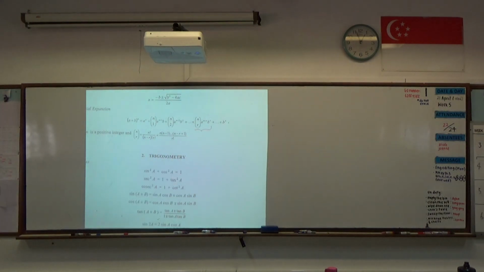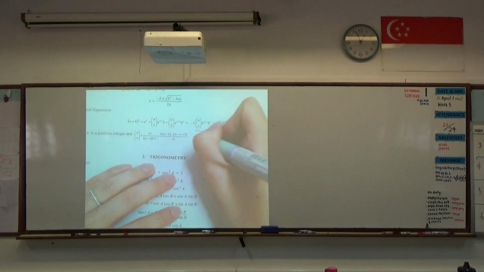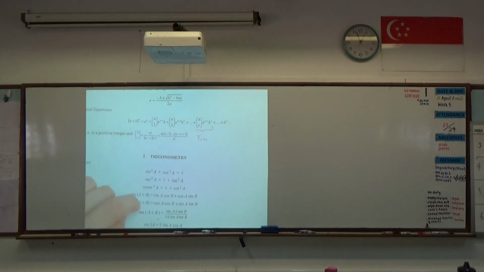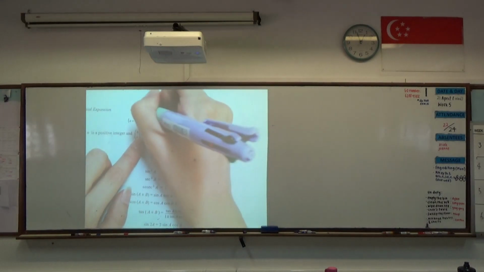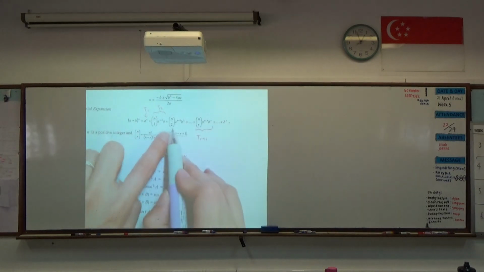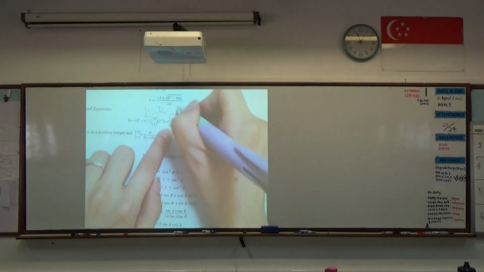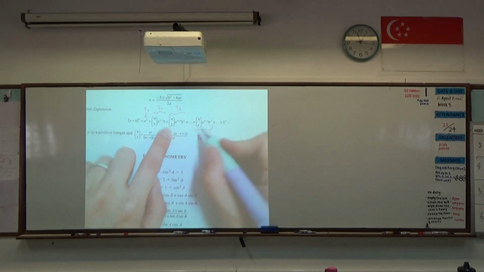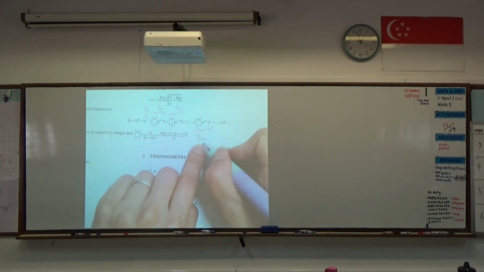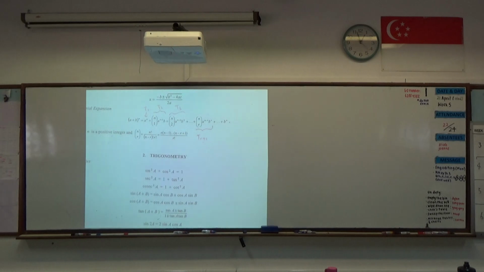Whereby this term itself is the T term r plus 1. Why? Because this is the first term, this is the second term, and notice the pattern: second term, this one is 1, third term, you get 2. So now it's r, therefore it must be the r plus 1 term, which is also what we call the general term.